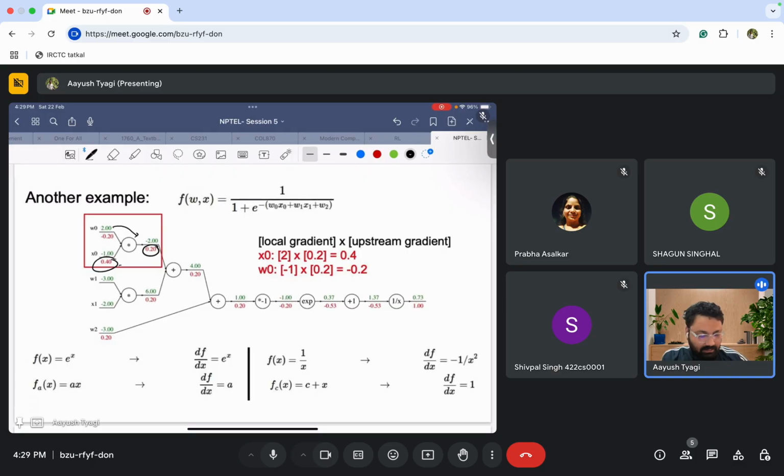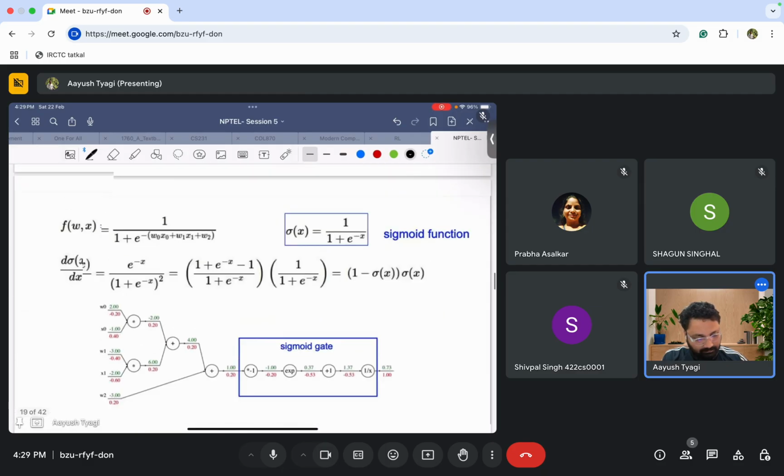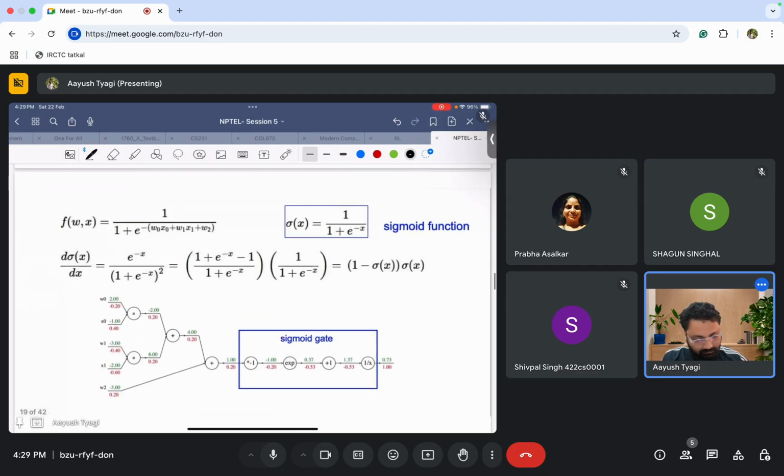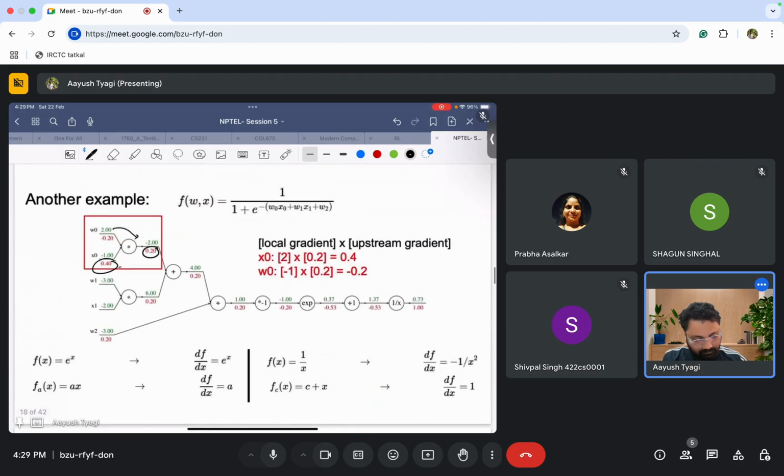Similarly, you can extrapolate to this step as well. So minus 0.40, and here I think it should be 0.2 and 0.3, minus 0.60 something.